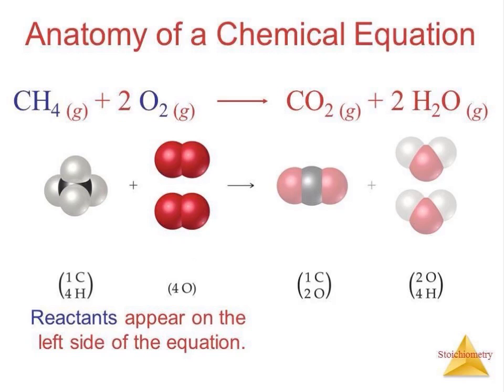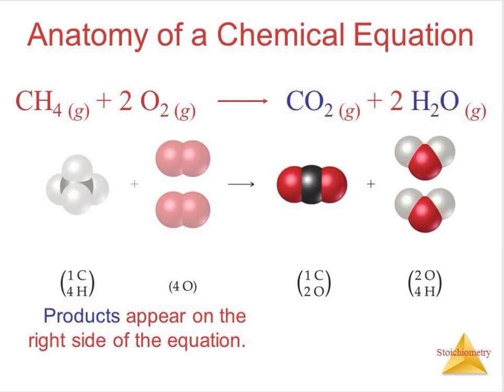All chemical reactions are represented by a chemical equation. In a chemical equation, we have the reactants that appear on the left side of the equation. Aside from the reactants, we also have the products. The products are the ones that appear on the right side of the equation.